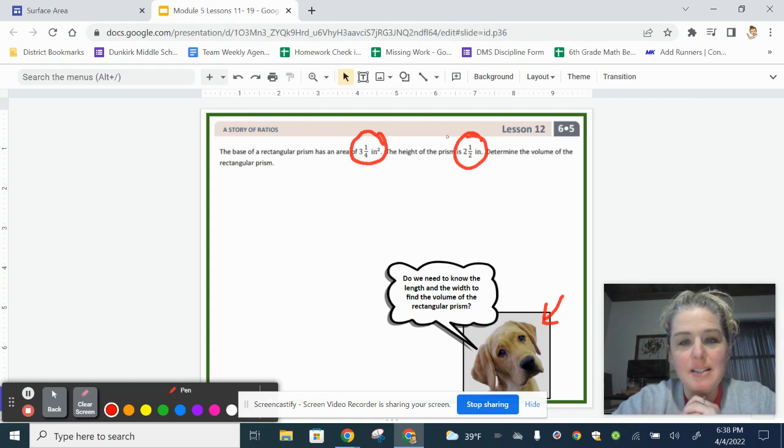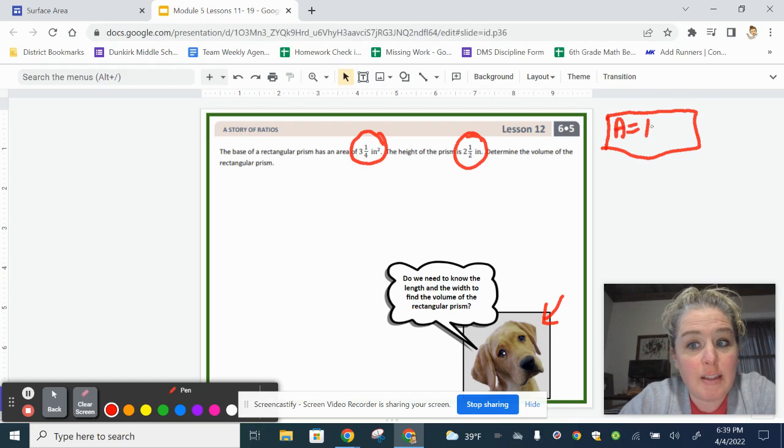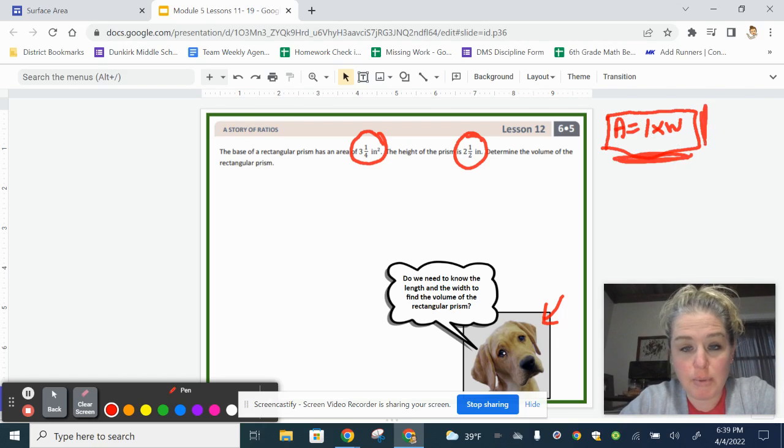This problem wants us to determine the volume, but it's only giving us 2 numbers. However, I want you to put something together. Remember, if you have a rectangle, the area equals the length times the width, right? That would get me the area of this entire shape, just saying length times width.